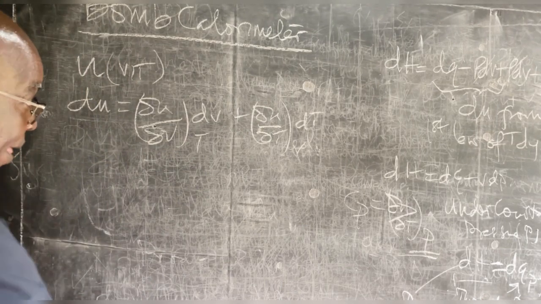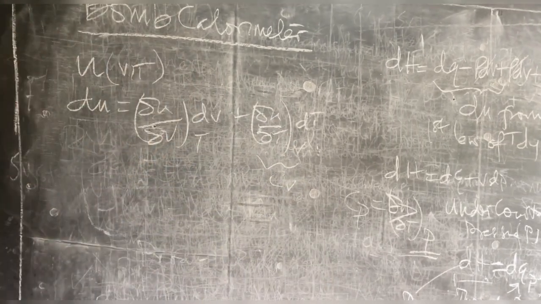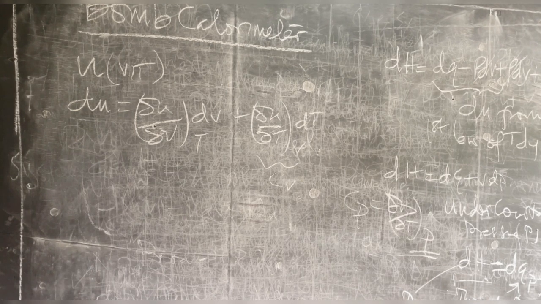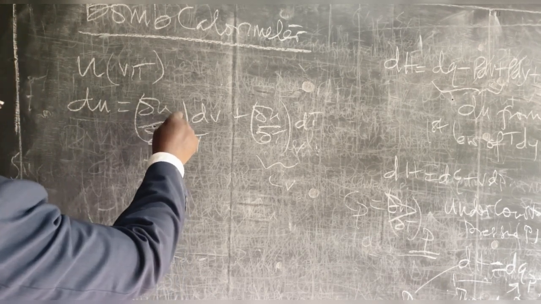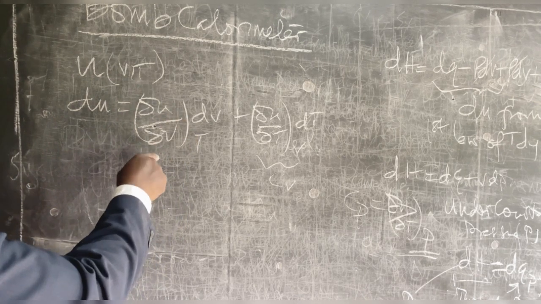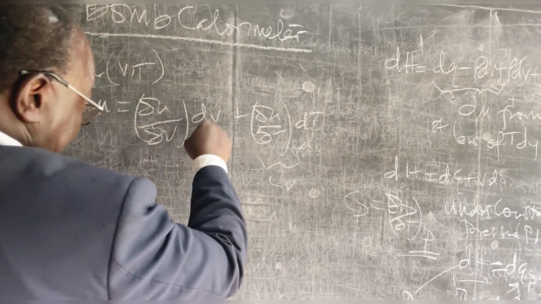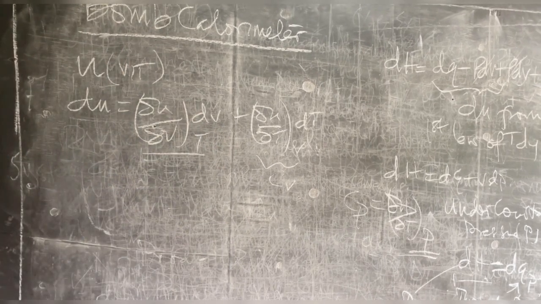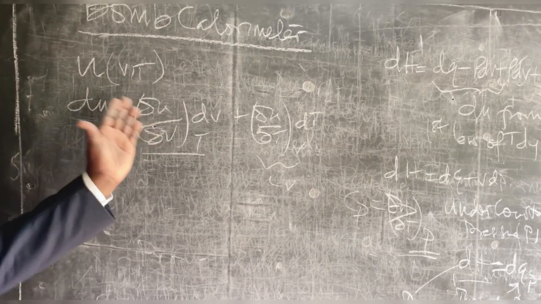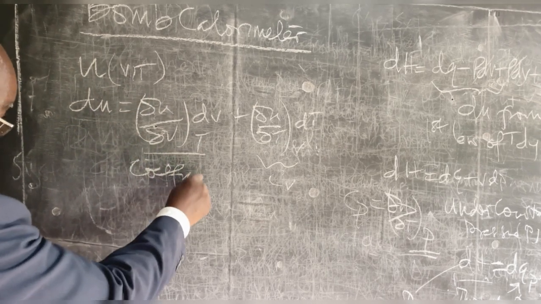We already know that del U del T is the isochoric heat capacity. But we don't know what del U del V at constant temperature is in this particular case. So the first thing we have to do is to figure out the value of this coefficient.